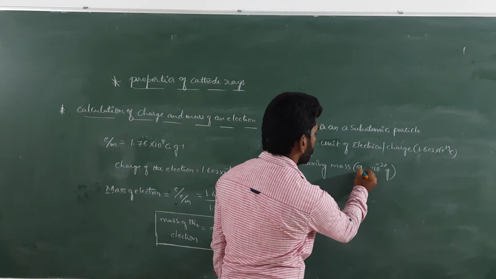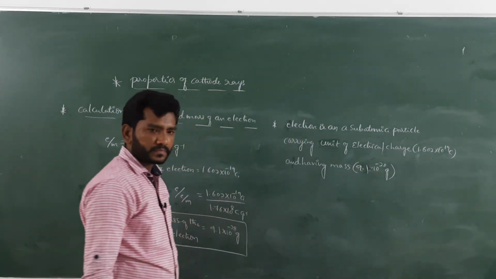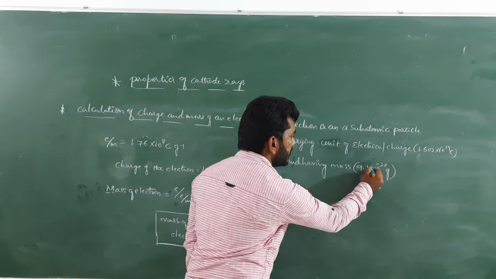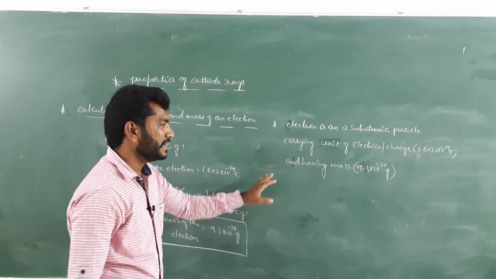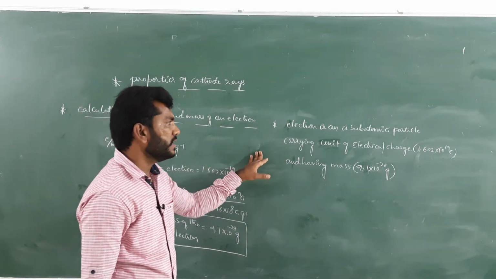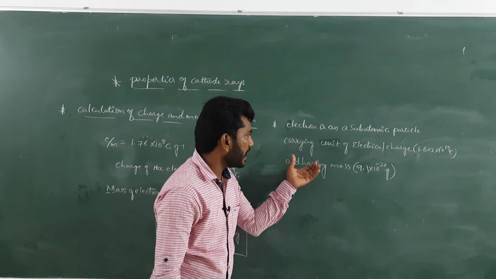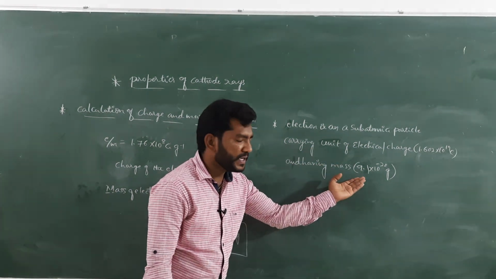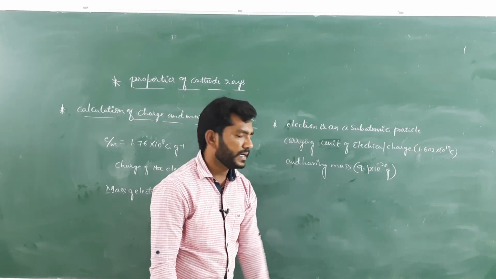Okay, so this is the standard definition for the electron. So the electron is a subatomic particle carrying a unit of electrical charge and having a mass of 9.1 into 10 to the power of minus 28 gram.